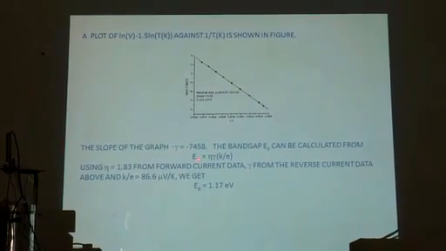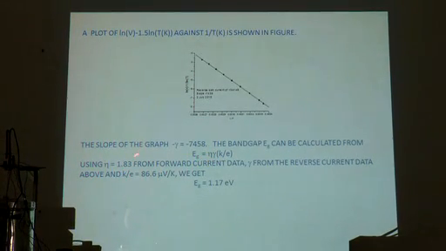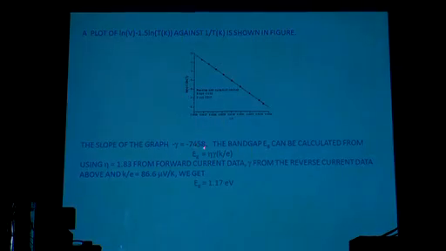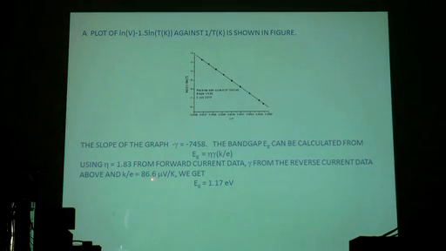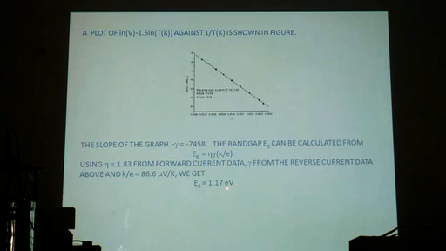So, the band gap is the non-ideality factor eta, which we measured earlier, 1.83, into the slope gamma 7458, into k by e, which is 86.6 microvolt per Kelvin. Eg comes out as 1.17 electron volt.